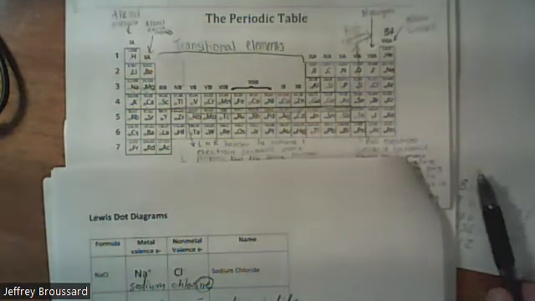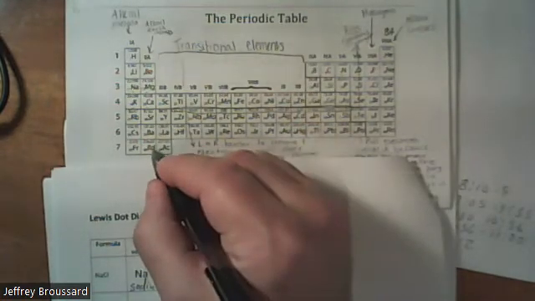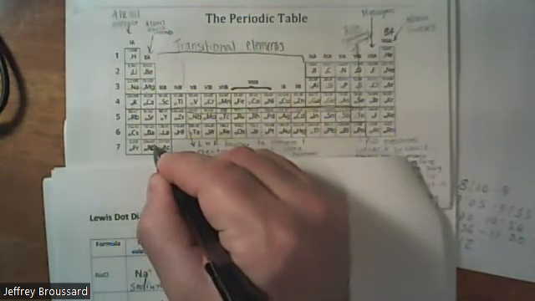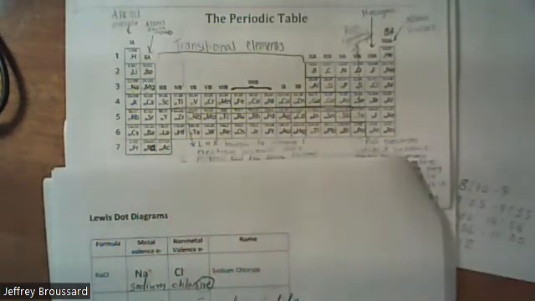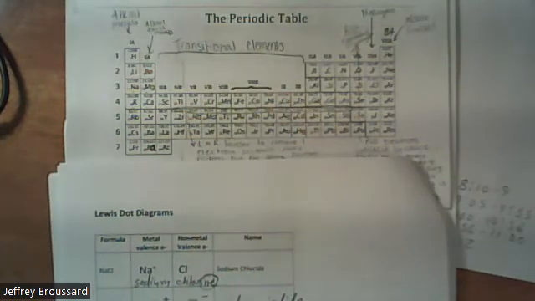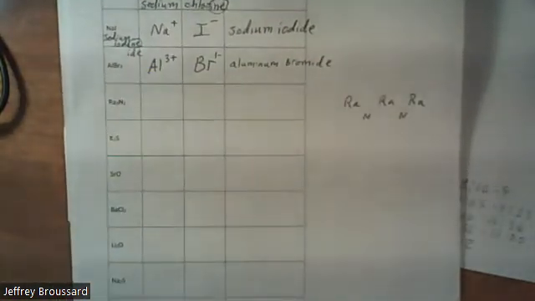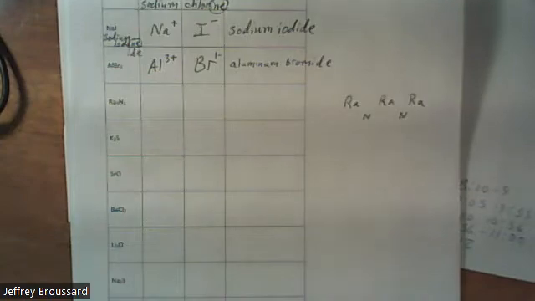There is something wrong with our table. This should be Ra, not Rd. Wow, we have a wrong periodic table. All right. So anyway, back to the video. I'll have to tell my coworkers about that.